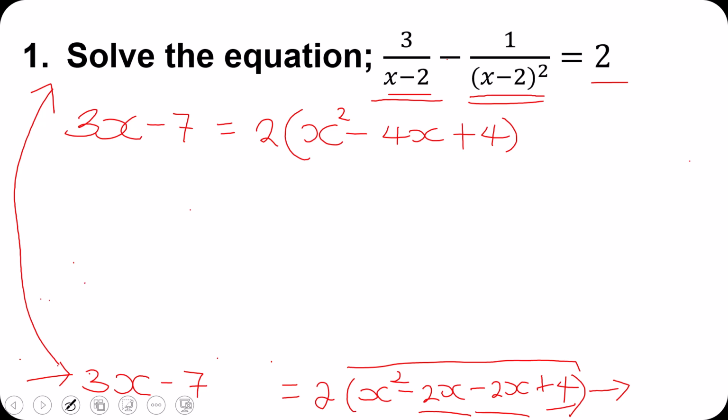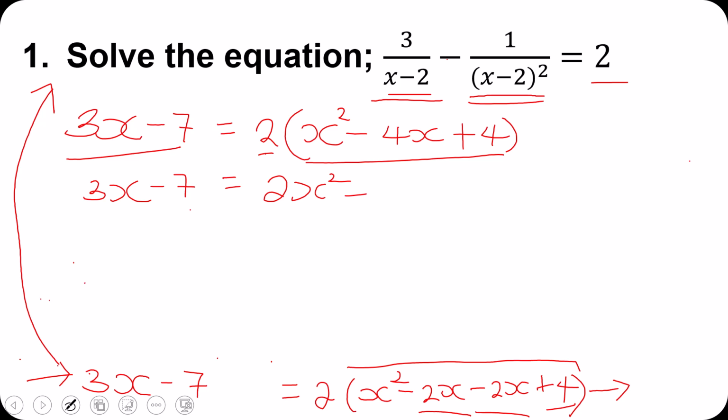So in the next step, we're going to multiply these two inside this bracket. So we can keep this, we write it as 3x minus 7 again, equaling to 2x squared minus, 2 times 4x will give us 8x, and 2 times 4 will give us plus 8.